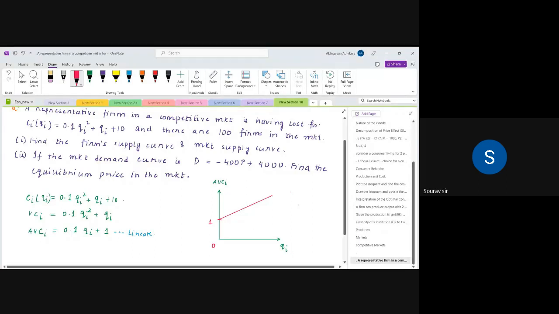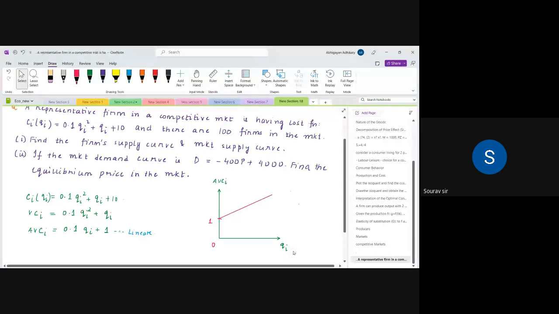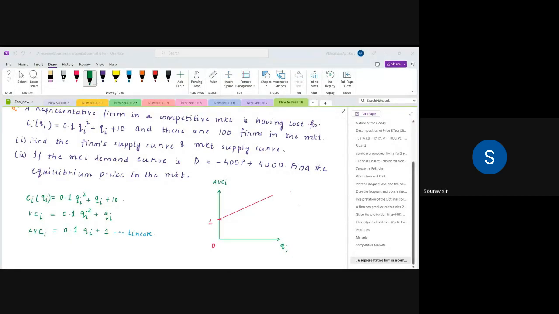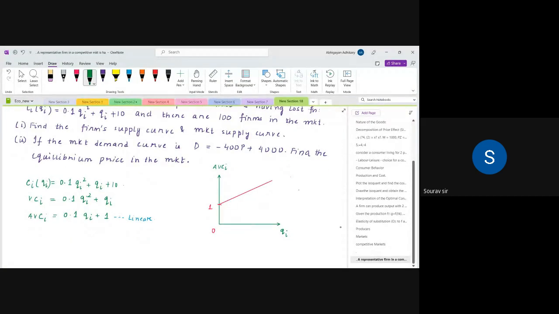Since this is a linear function, mathematically it does not have a minimum, but we need the minimum AVC for the classification of the supply curve. So for economic purposes, we take the minimum possible value in the first quadrant.